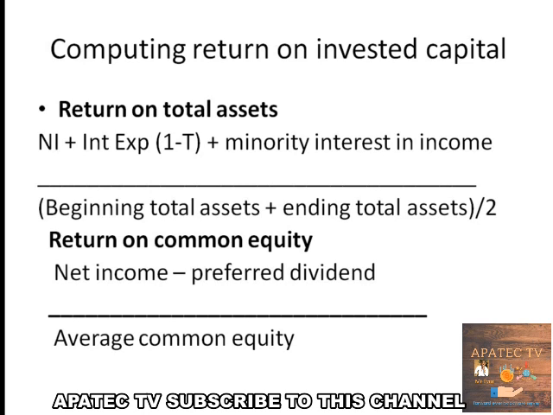That is the formula for calculating the net return on total assets. When it comes to return on common equity, we take the net income minus preferred dividends, and divide by average common equity.